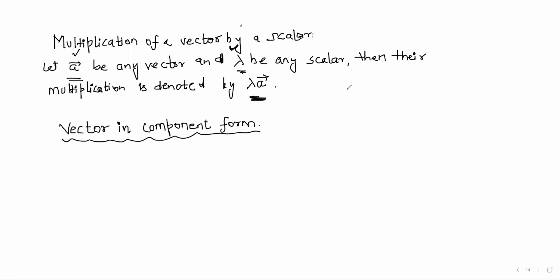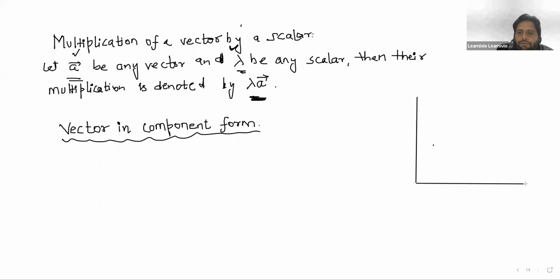Yes, sir. Okay, next we will look at the vector in component form. Let me draw this. We will draw the X, Y, and Z axes. This is X, this is Y, and this is Z. Suppose this is 1, this is also 1, and this is also 1.